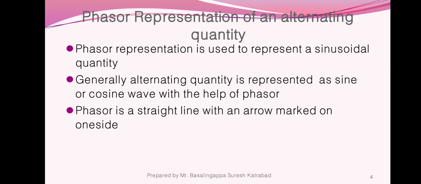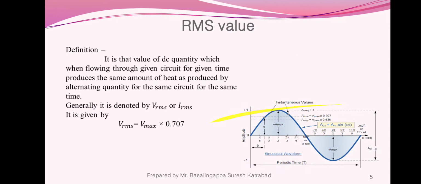The phasor representation is used to represent a sinusoidal quantity. Generally an alternating quantity is represented as a sine wave or cosine wave with the help of phasors. A phasor is a straight line with an arrow marked on one side.